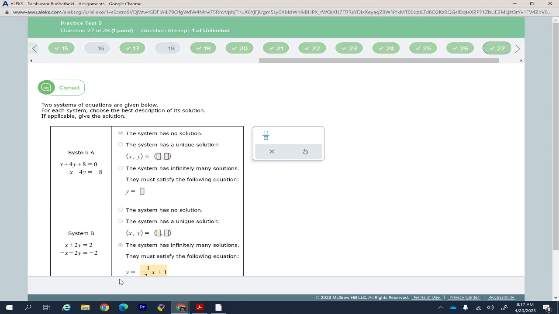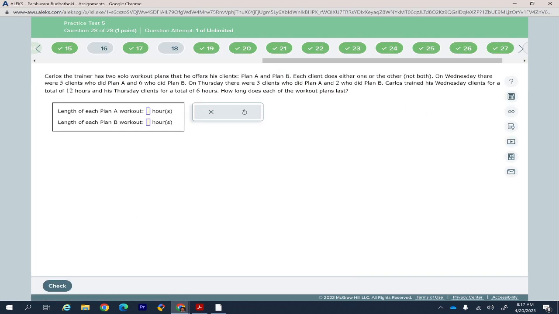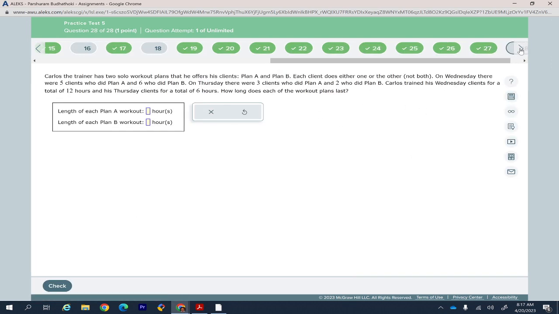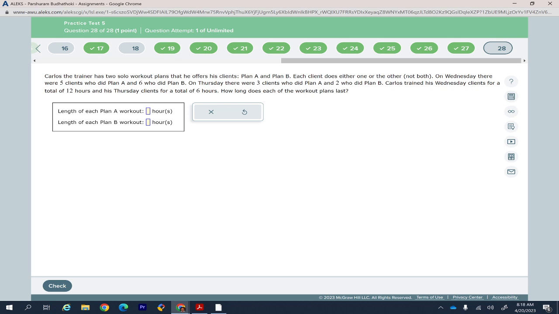Okay, and this is your last problem, number 28. This is an application problem for the system of equations. Carlos, the trainer, has two solo workout plans that he offers his clients, plan A and plan B. Each client does either one or the other, not both.